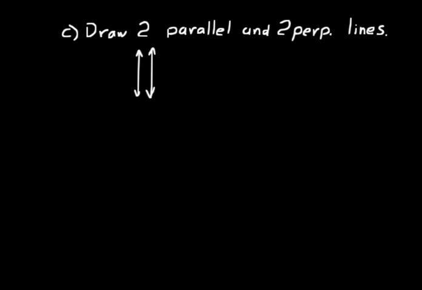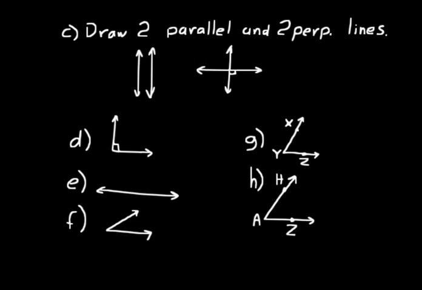Two perpendicular, remember those are at right angles to each other, or in other words, one horizontal, one vertical. Now, to get that answer right, you needed to put a little box at one of the corners. It doesn't matter which one, but that designates that those are perpendicular. That's how you designate perpendicular lines.